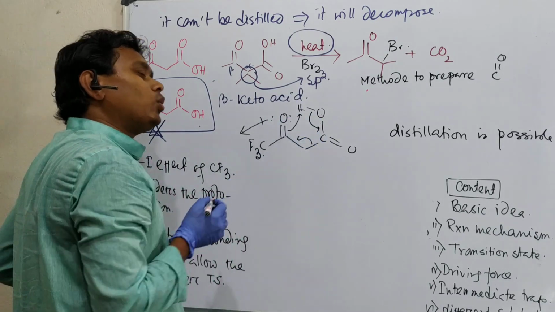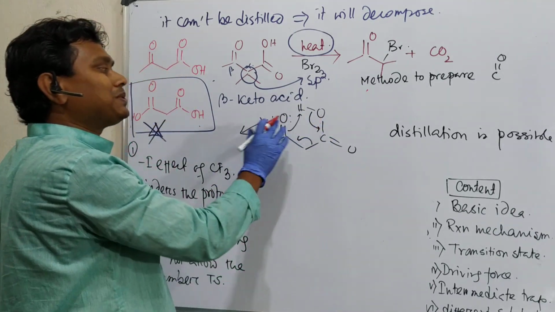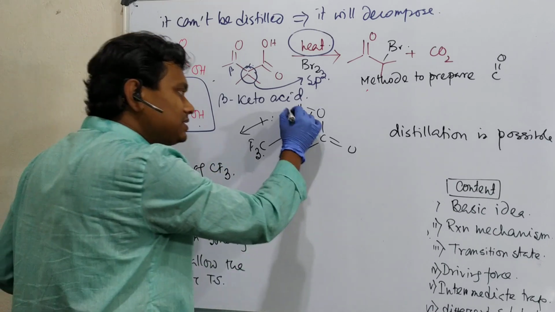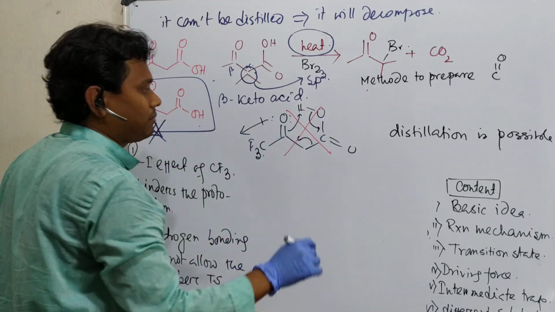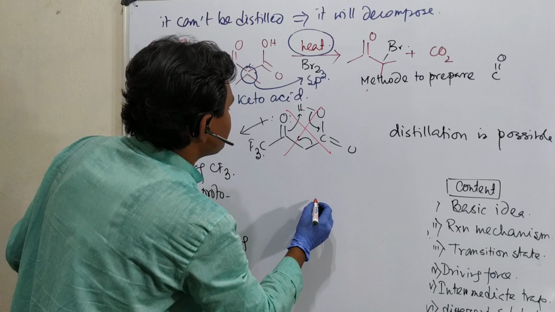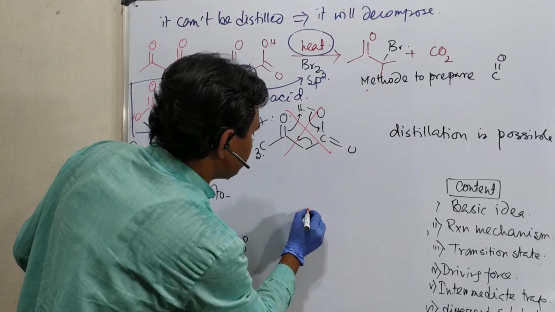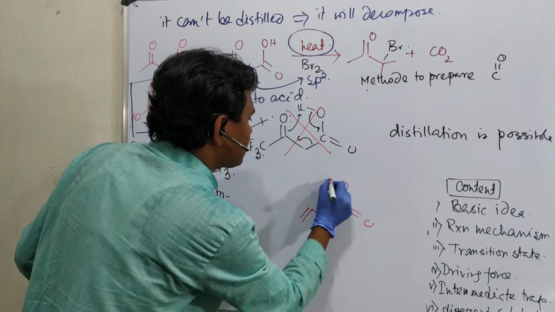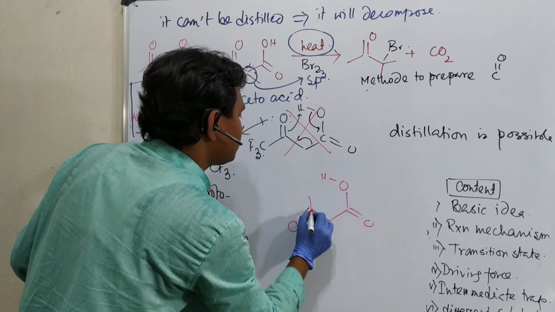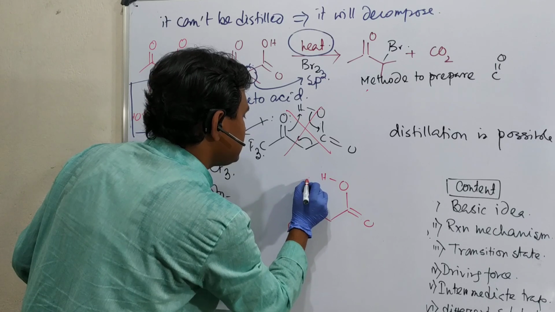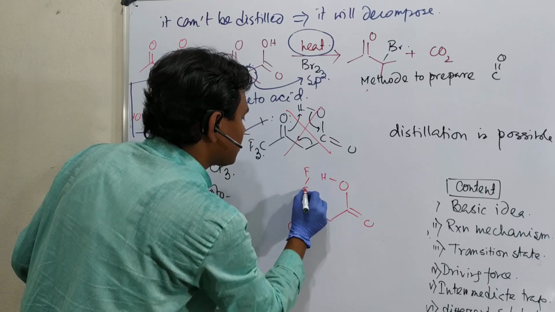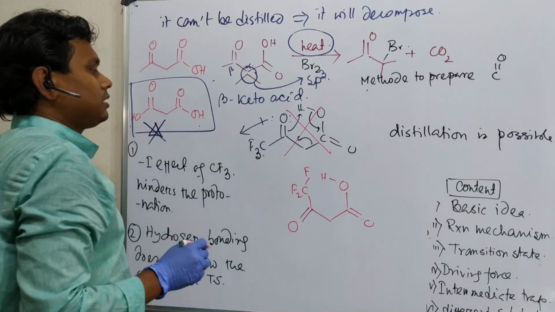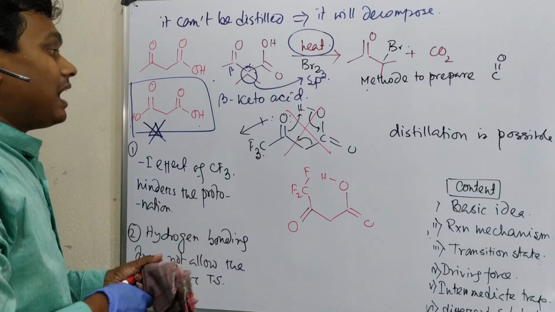Actually, it is our opinion that it should undergo decarboxylation in this way, but it doesn't. So this is wrong. What actually happens? You may think in this way. This is the C double bond O. This is the CF2. Okay, so there is a hydrogen bonding.